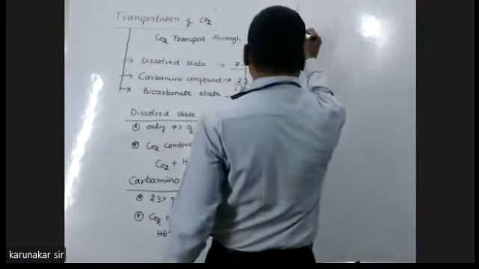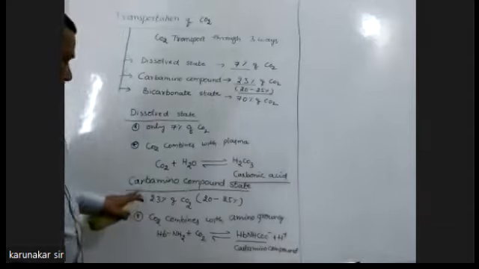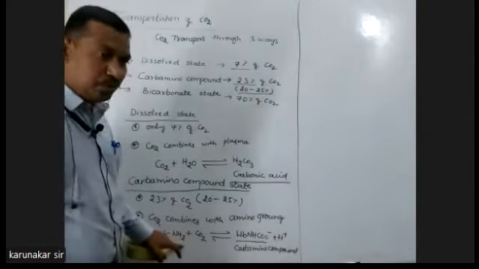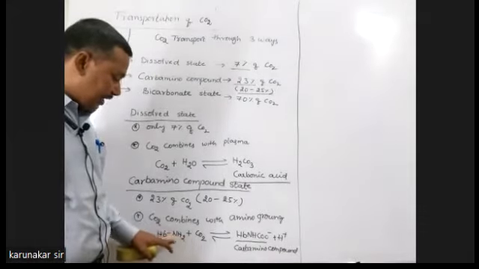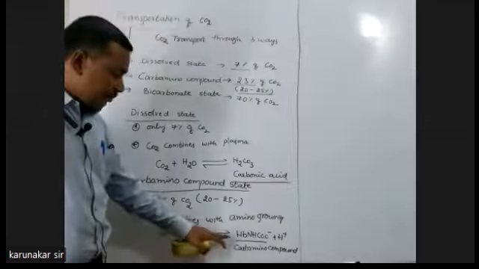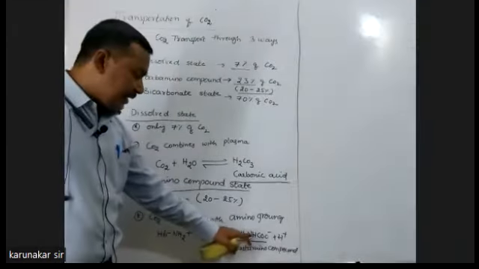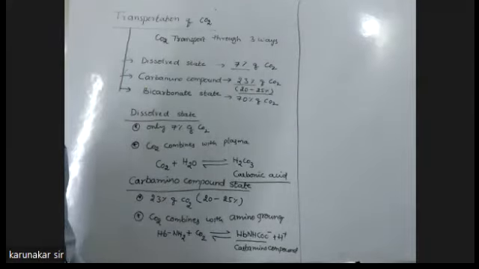When the CO2 combines with the amino group HbNH2, it develops into the carbamino compound group HbNHCOO minus.